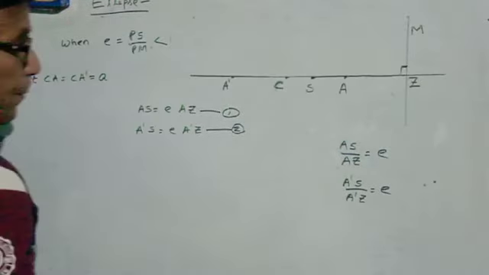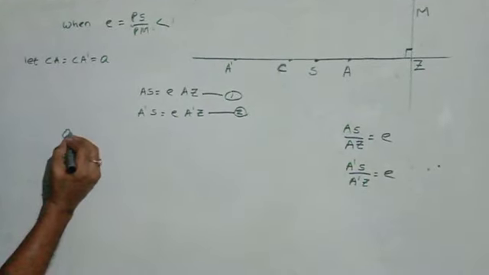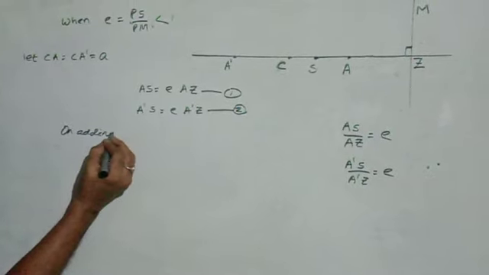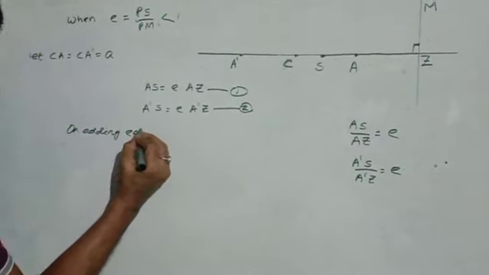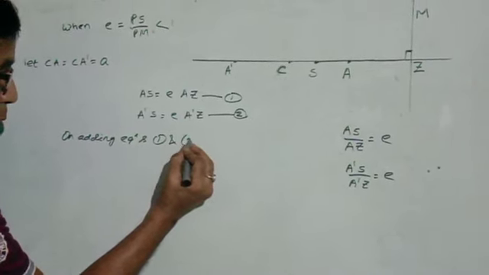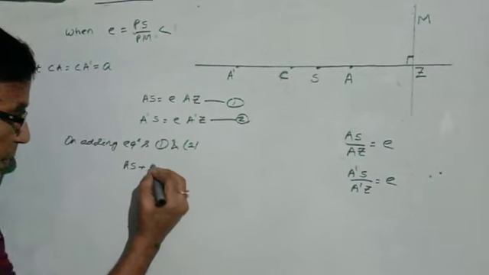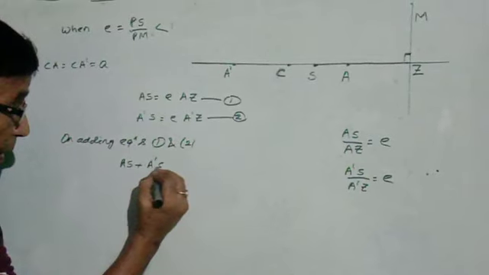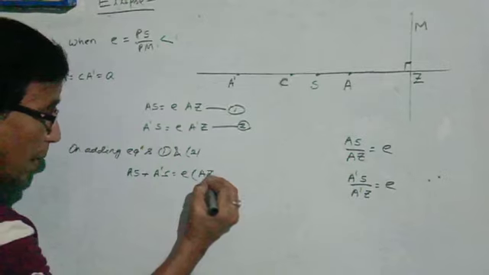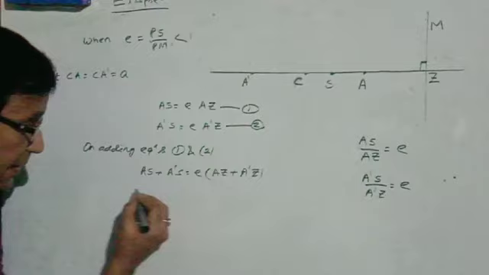Then here you see, on adding equations 1 and 2, we are getting that AS plus A dash S is equal to e, taking common, AZ plus A dash Z.